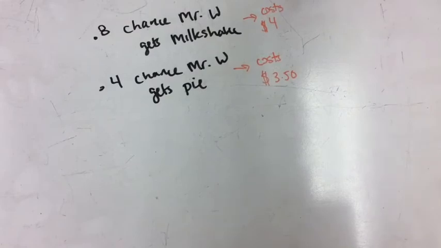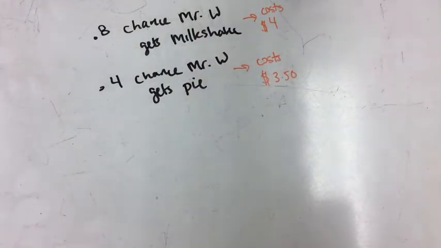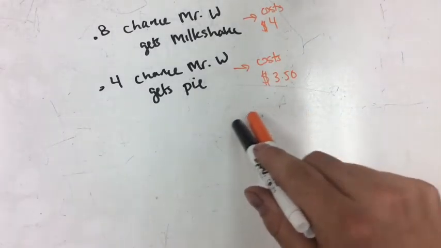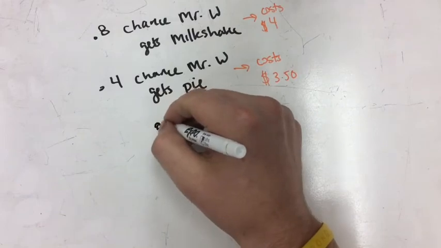Okay, this is kind of an expected value problem. We're going to say that there's a 0.8 probability that I'm going to buy a milkshake, and a milkshake costs $4. There's a 0.4 chance that I'm going to get pie, which is going to cost me $3.50.